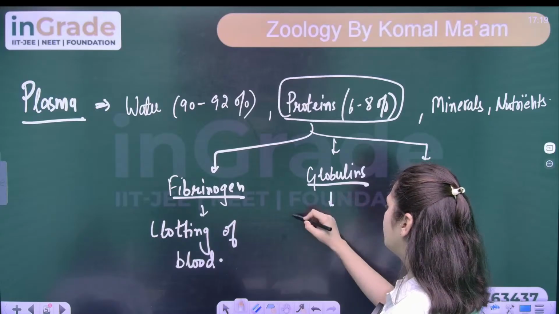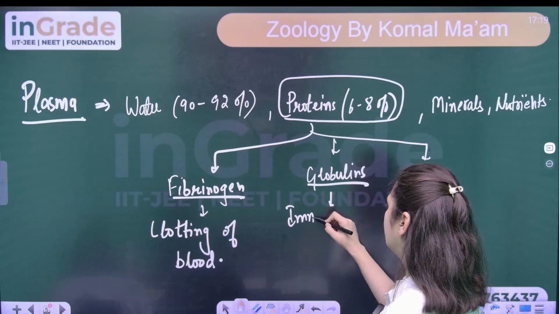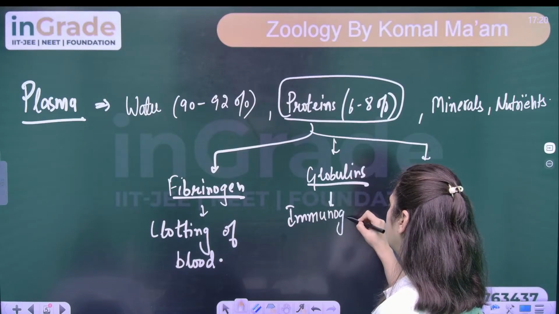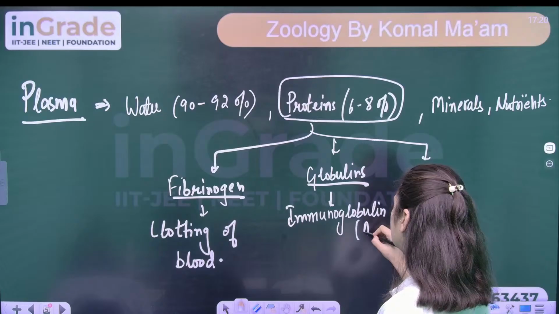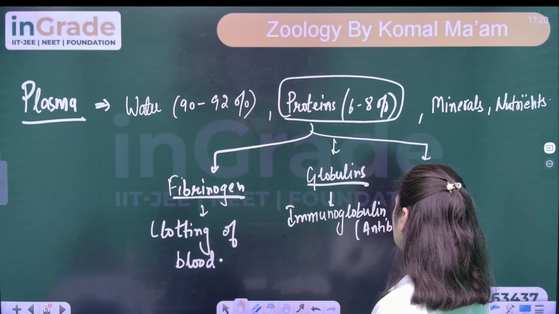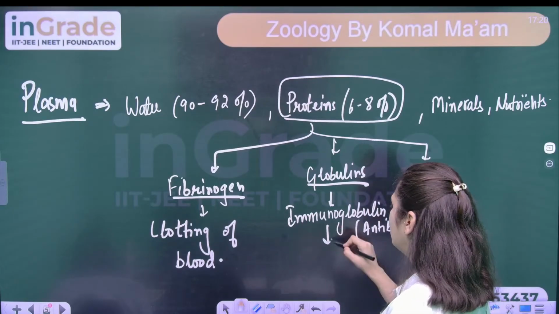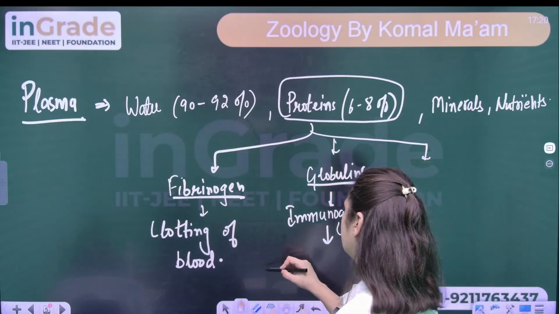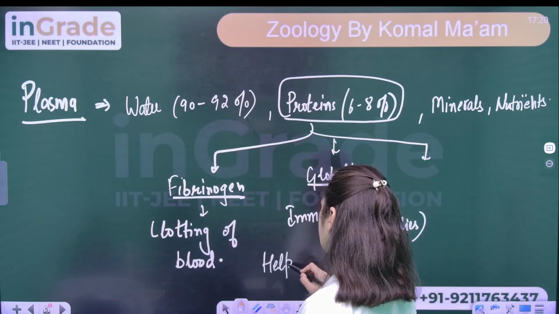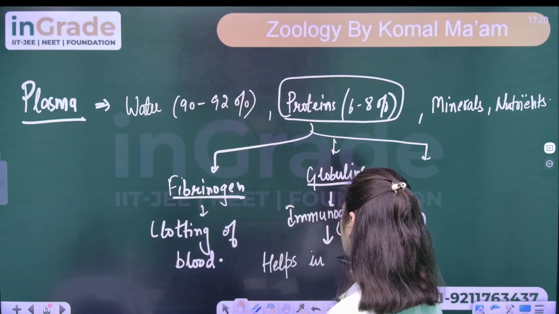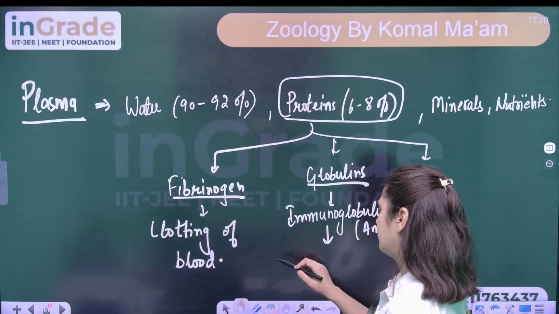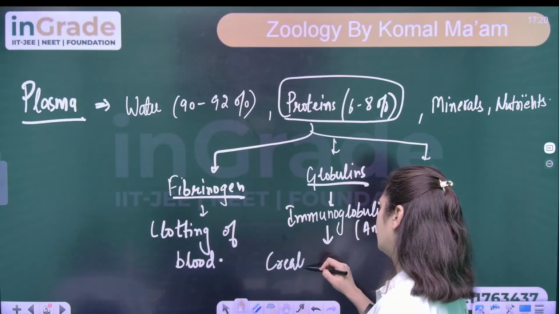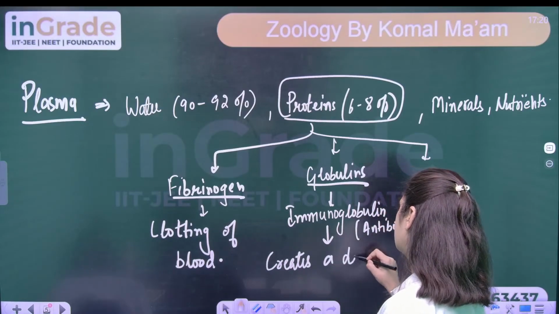They form immunoglobulins or antibodies, which have a role in the defense system.